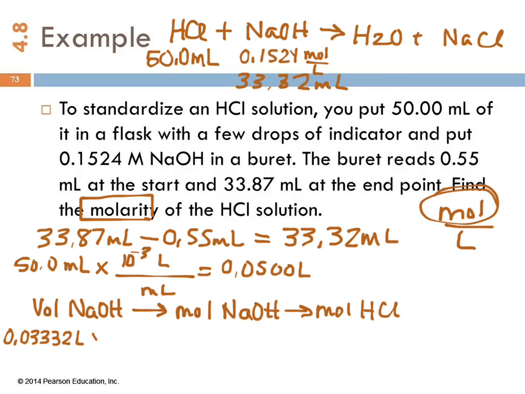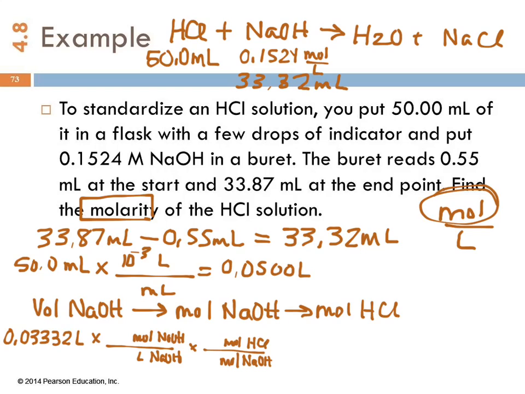So there's our volume of sodium hydroxide. We're going to convert to moles of sodium hydroxide. Liters will be on the bottom. Next is moles of HCl and moles of NaOH on the bottom.